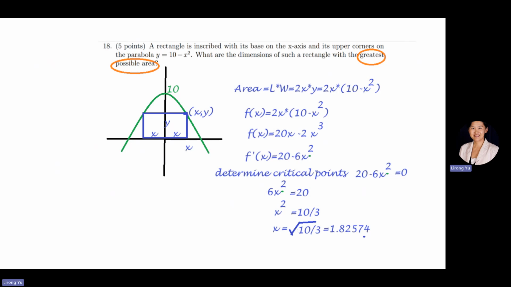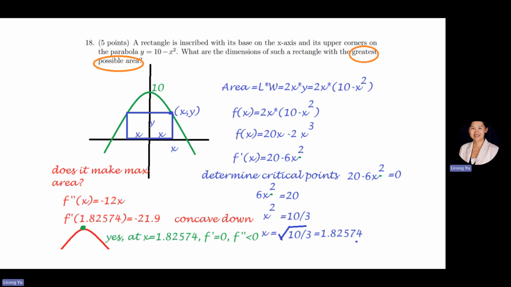How do we know it's a maximum? We find the second derivative. We already have the first derivative, and the derivative of the first derivative is the second derivative. The second derivative is negative 12x. Now you use the x value 1.82574 to replace x. Negative 12 times 1.82574 gives negative 21.9, which is negative. That means the function is concave down.